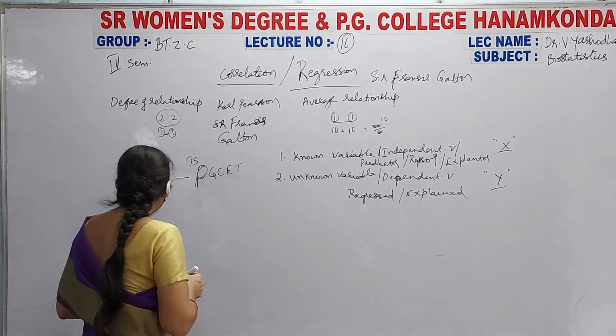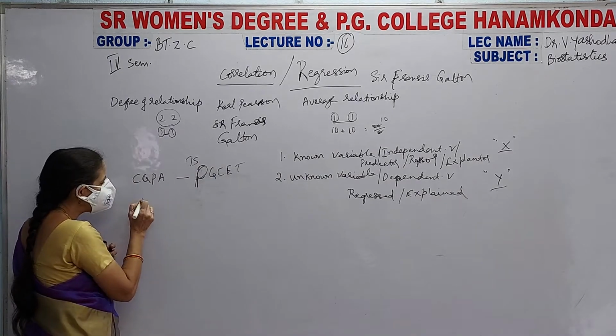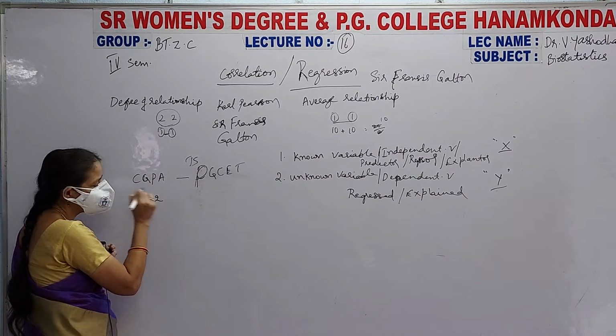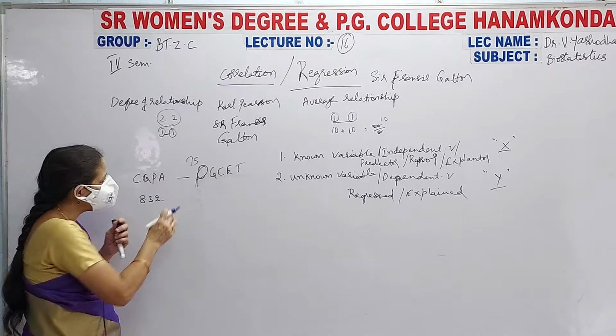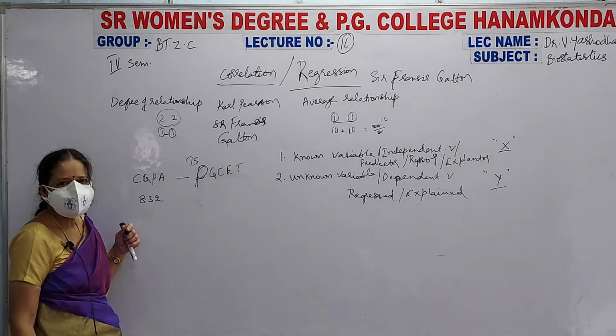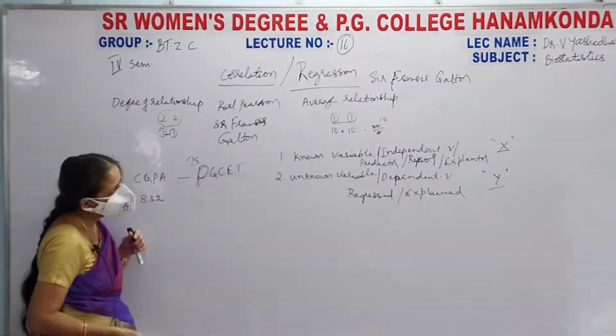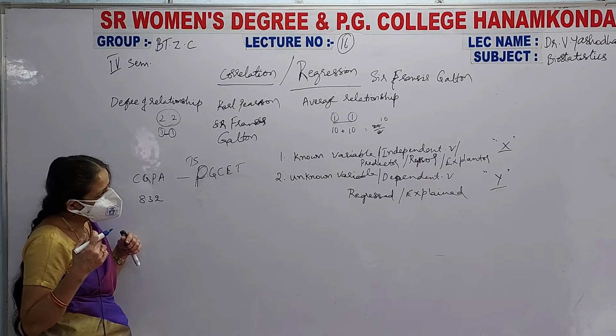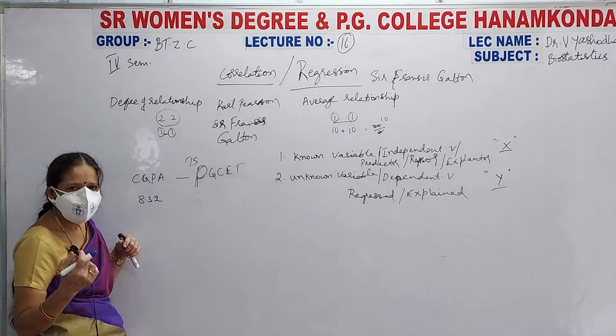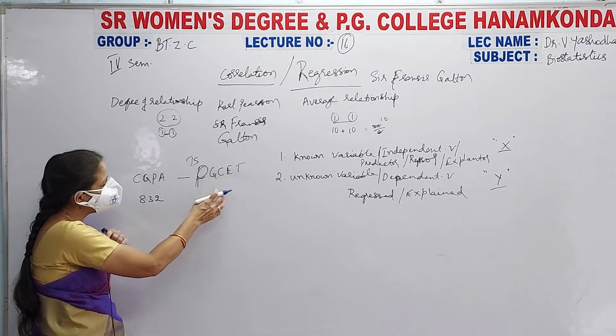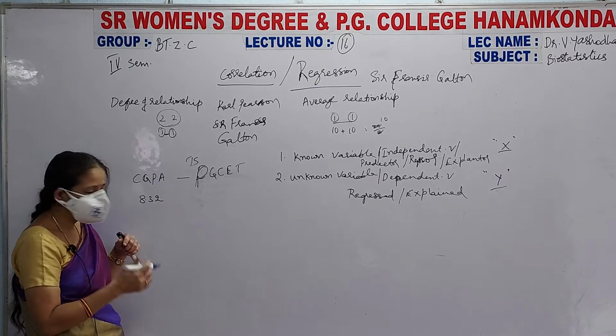Now looking at his CGPA of 8.32, what will be the rank in the PG set? The expected or predicted or known variable is the CGPA, and the regressed or explained or dependent or unknown variable is the PG set rank, which we do not know.